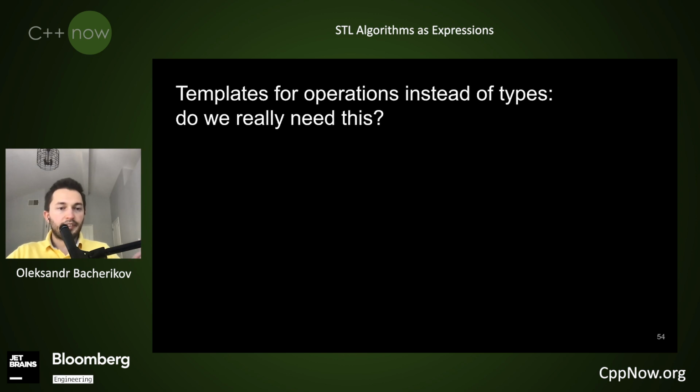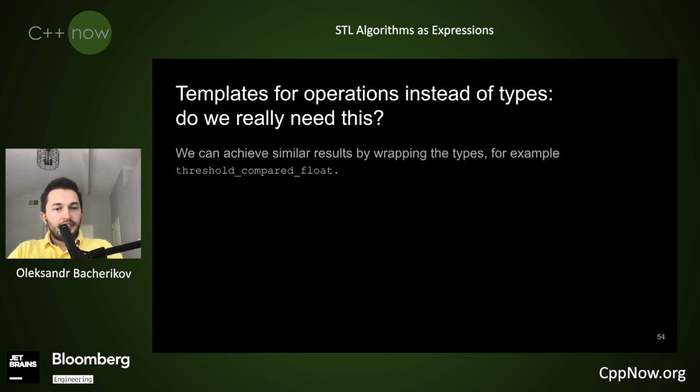So there's a natural question, do we really need this feature? I already mentioned that they had some failed attempts in customizing geometry algorithms. And one of the ideas was that we can achieve similar results by using wrappers. For example, we can wrap float into a threshold compared float that specified that we need to compare them with some given threshold. But there are multiple problems in this approach.